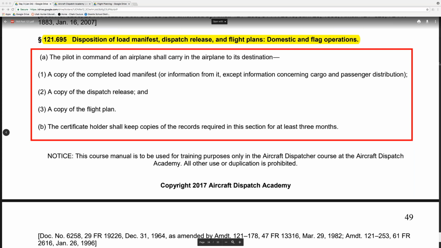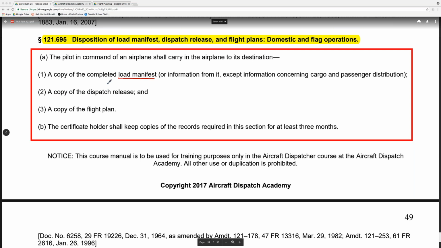So here's the question you'll be asked that goes with this one. What are the 3 things that the PIC or pilot in command is required to have on board the aircraft to the destination? Your response would be the load manifest. Hold on, will you repeat that question one more time?